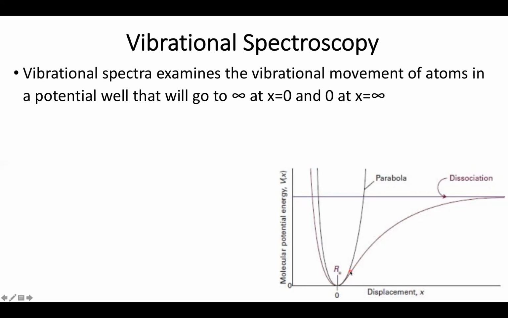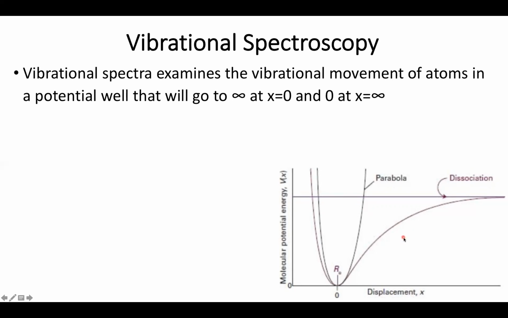As I put more energy into the system, it gets closer and closer to dissociation. At a certain critical threshold, we'd go from a bound molecule to a completely dissociated molecule that has enough energy to escape from our well.